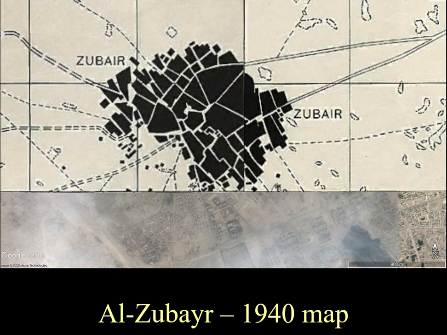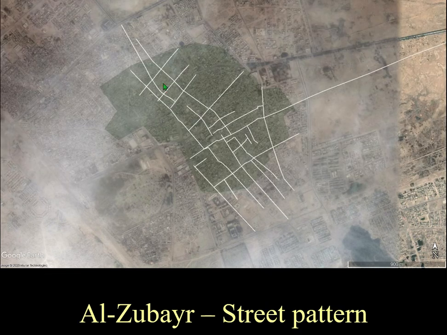This is a 1940 map, which helpfully shows the street patterns at the time. It's a bit clearer than looking at the Google image is. But if you apply that to the town, you can see it's actually quite an orthogonal pattern.